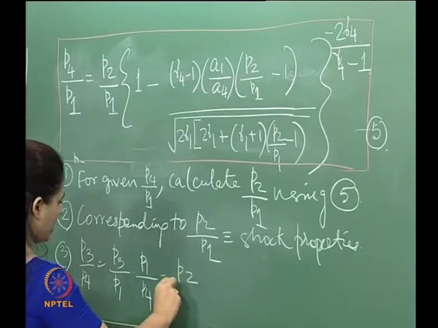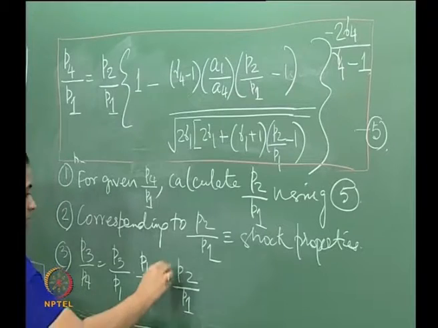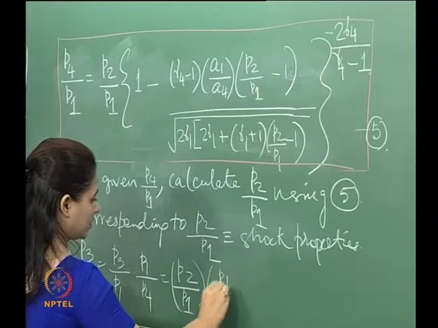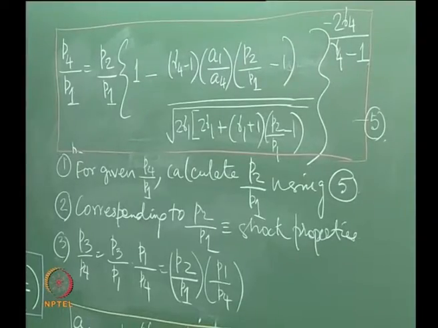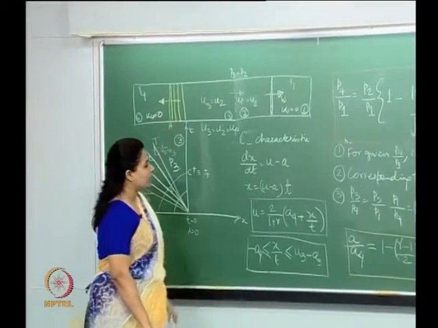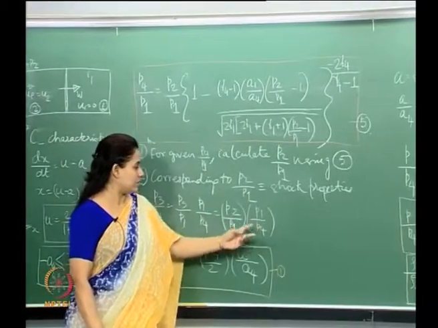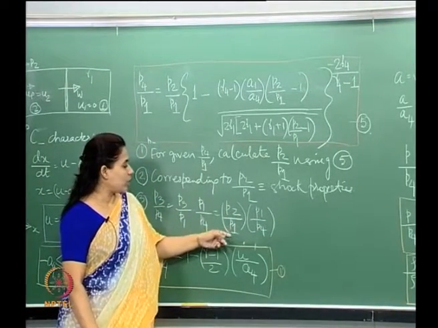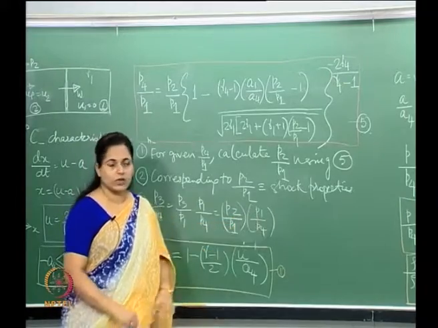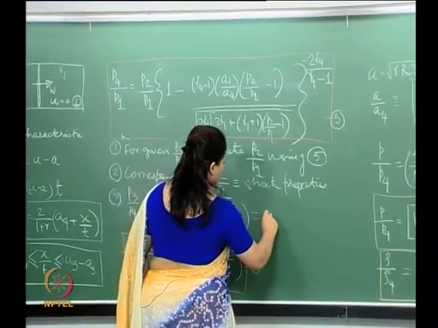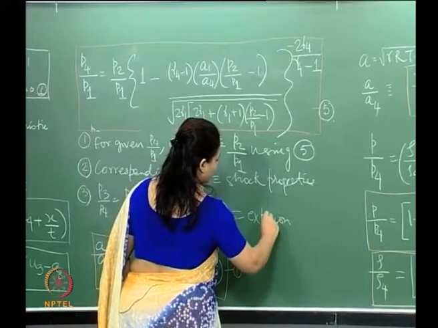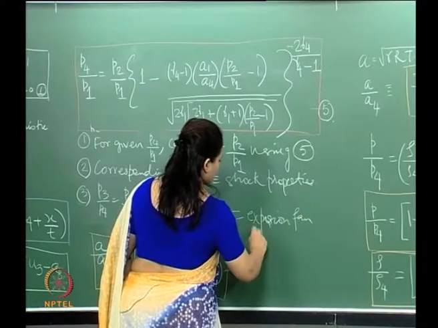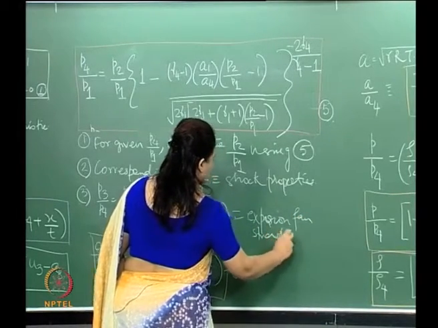So P2 by P1, and P3 by P4 is given by this, this is the region. Now P2 by P1 is known at this point, and this was given. So then this is your expansion fan strength.